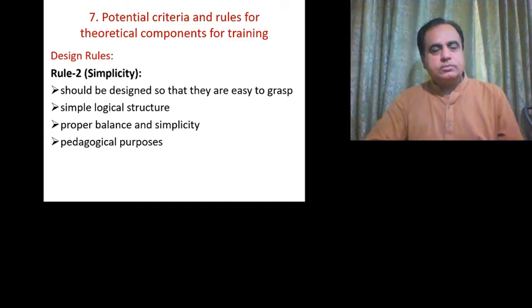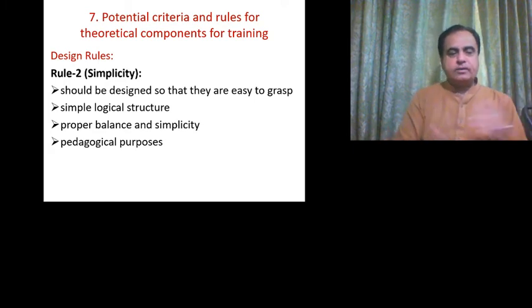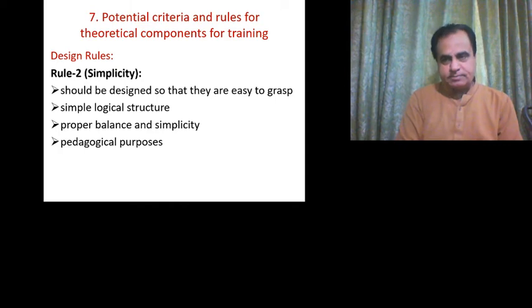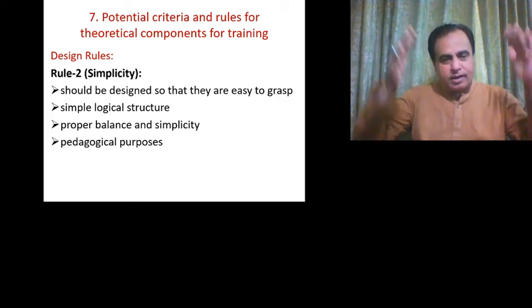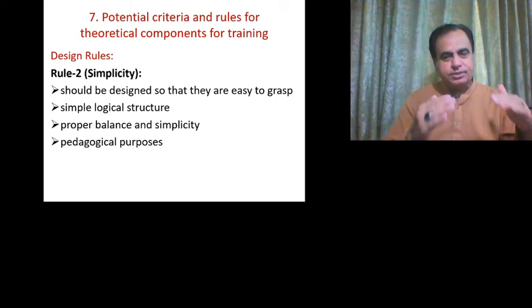Design rule number two is simplicity. Simplicity is that the theoretical components should be designed so that they are easy to grasp: the language, the phrases that are used to explain. I mean, things should be brought down to the level of the students, and also should be relevant to their situation.